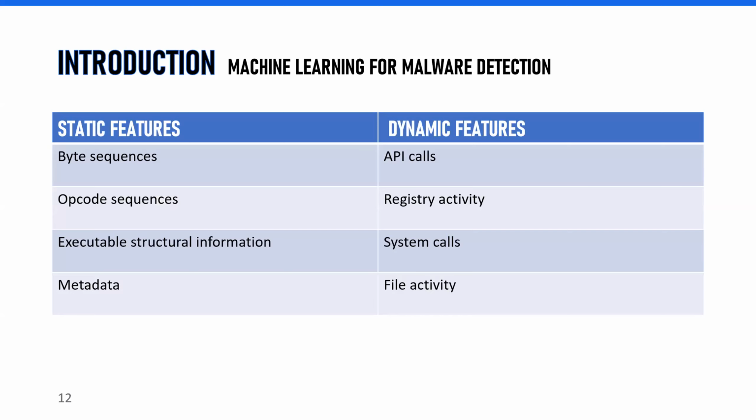So these are some of the features that machine learning algorithms can be trained on to detect malware. Static sequences that don't change are things like strings or bytes. So if a malware has a hard-coded URL in it, that can sometimes be used. Opcodes, which are the instructions used to tell the program what to do.